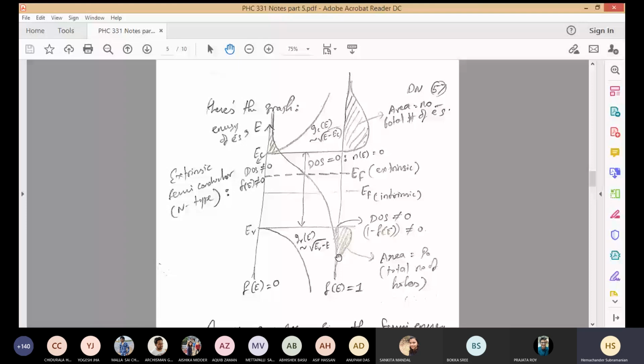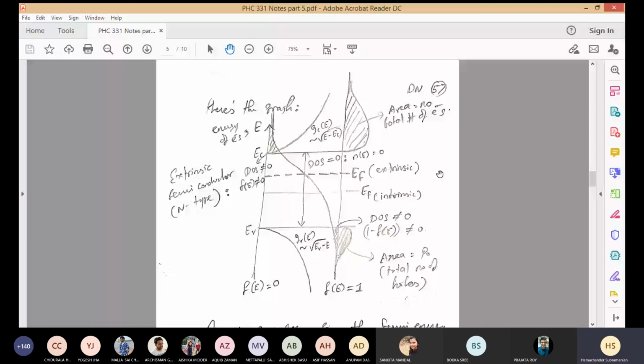So that has moved closer to the edge of the valence band. So here, this 1 minus f(E) is decreased quite a bit, so this product is smaller. Now you have a smaller number of holes. If you integrate this area, it gives you the total number of holes. So the total number of holes is much smaller than the total number of electrons, because you've doped the material with electron donors. So this is an n-type material, as you can understand.